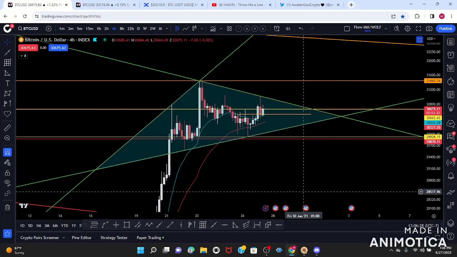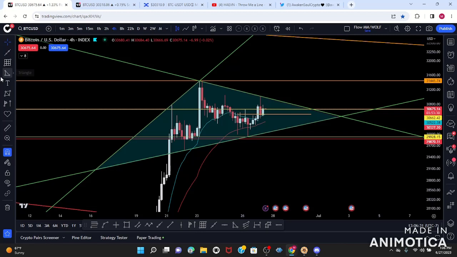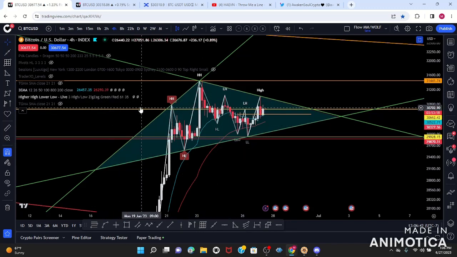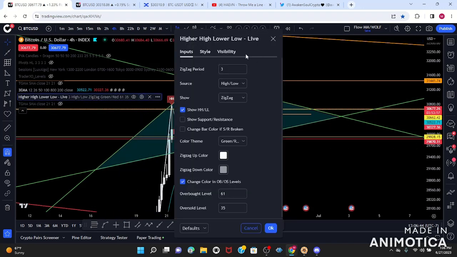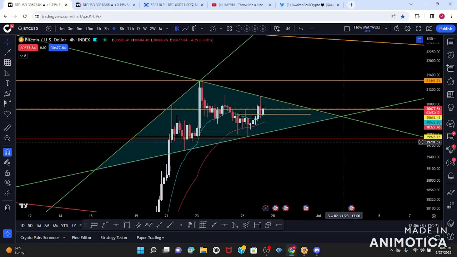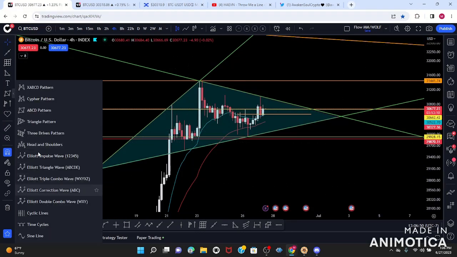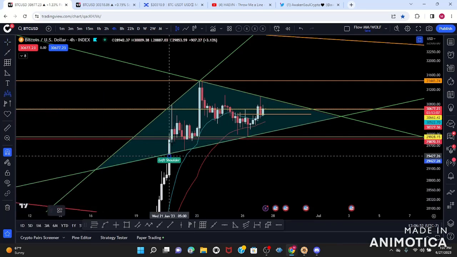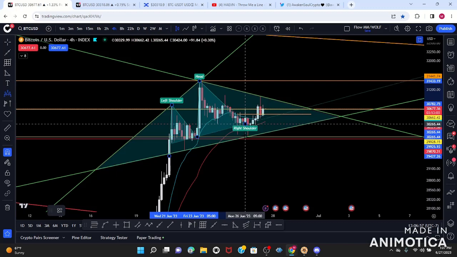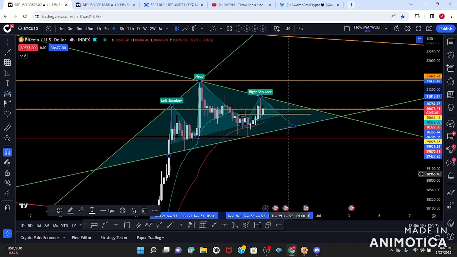So what do we see? Me personally, off the bat, like I always say, no emotions, no expectations. I see a possible head and shoulders off the bat. If you turn on your higher high, lower low, it doesn't really show you, but just connecting all my 4-hour trend lines, right? Where is it? Head and shoulders. You can see this could be the left shoulder, this could be the head, and this could have been the right shoulder.